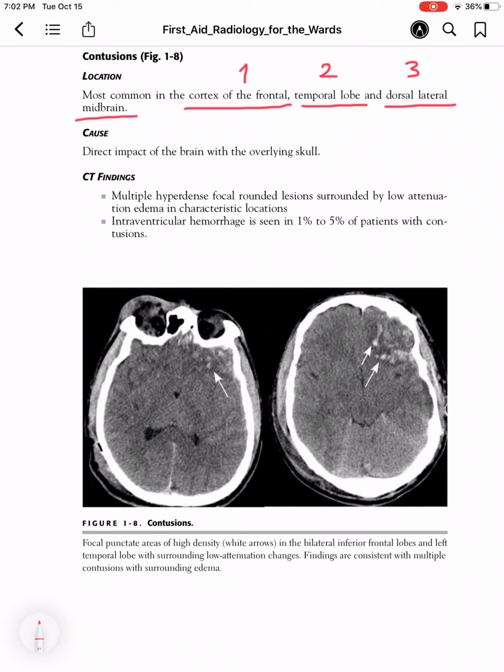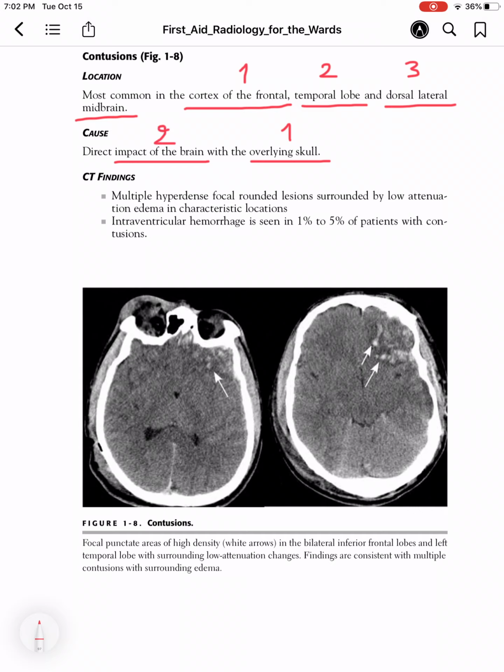This is what actually causes the contusion. First, you get hit by an object, and this affects your skull. Then that skull will have an impact on your brain, and that basically causes the contusion.